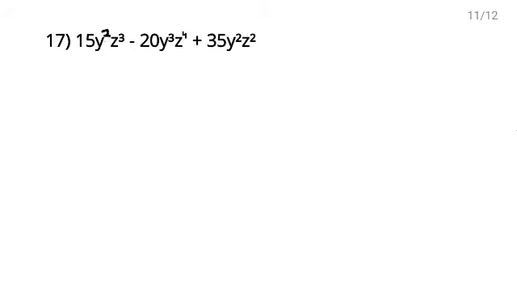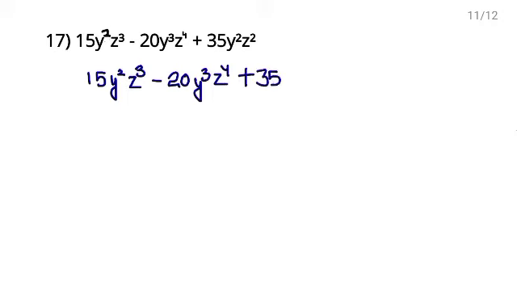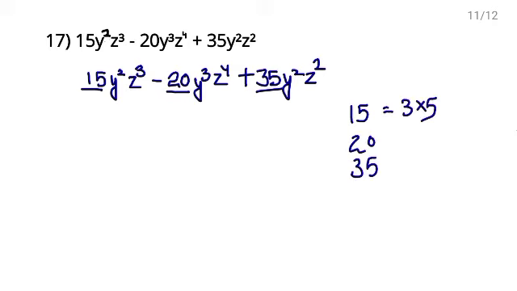Next question, question number 17. This is 15y square z raised to the power 3 minus 20y cube z raised to the power 4 plus 35y square z square. So first of all check the numerical terms. What we can take common here? 15, 20, 35. 3 5s are 15, 4 5s are 20, 5 7s are 35.